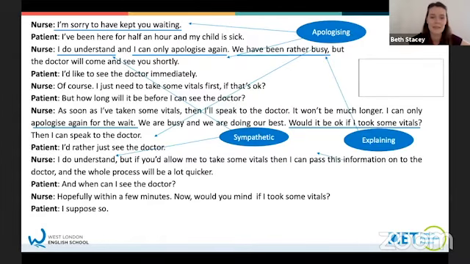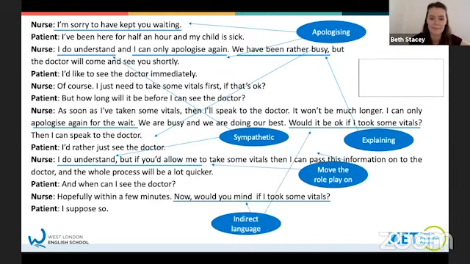And then we've got some explaining, because here, of course, in this case, the patient is unhappy because they've been waiting. So it's important that the nurse explains why the patient has to wait. And sometimes with the patient card, it's very demanding, where the patient has to keep going on at the nurse or the doctor.